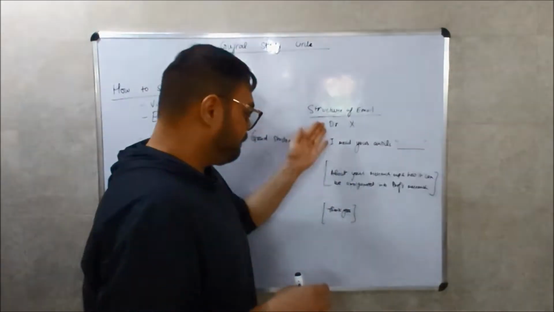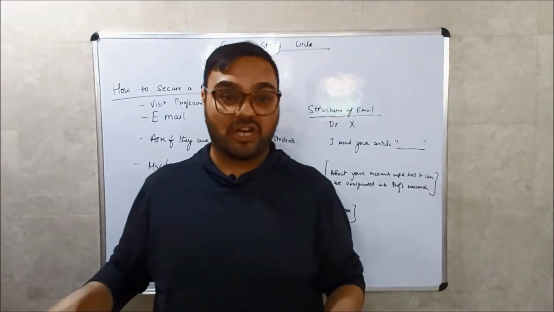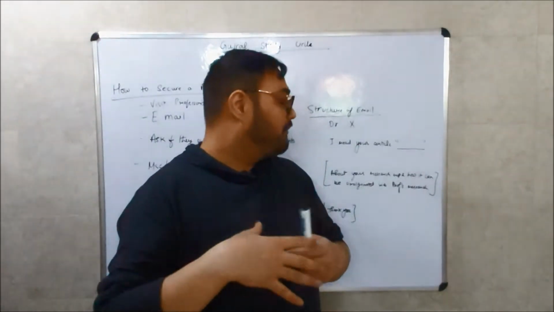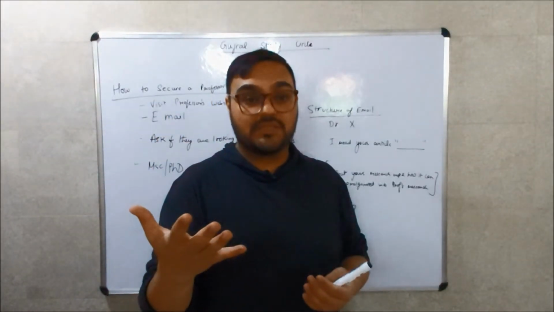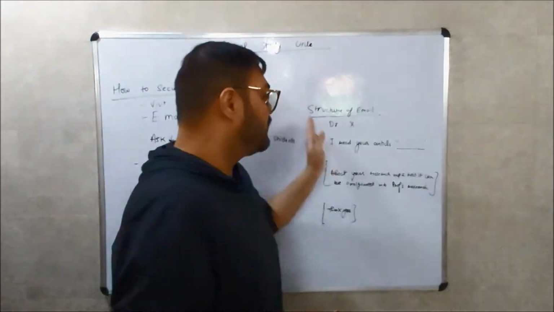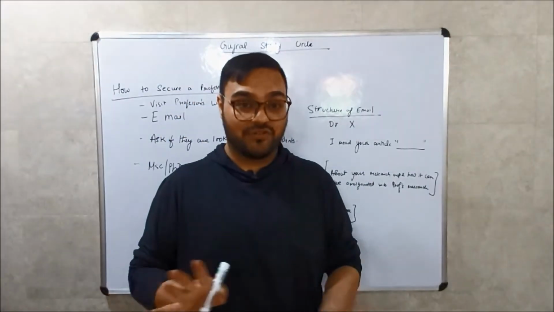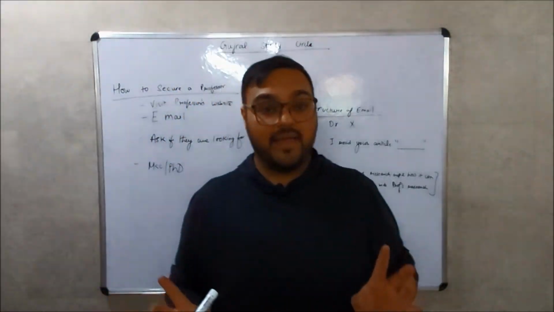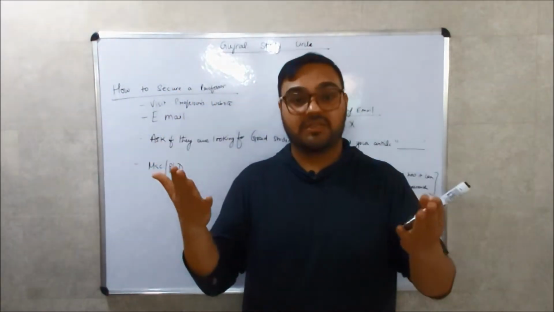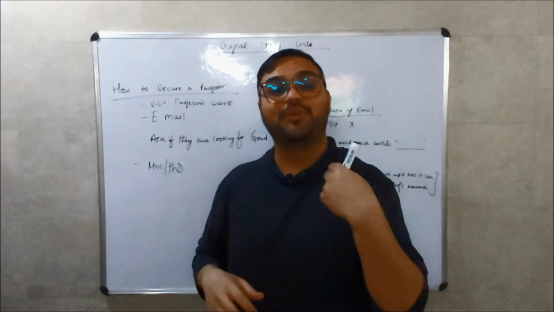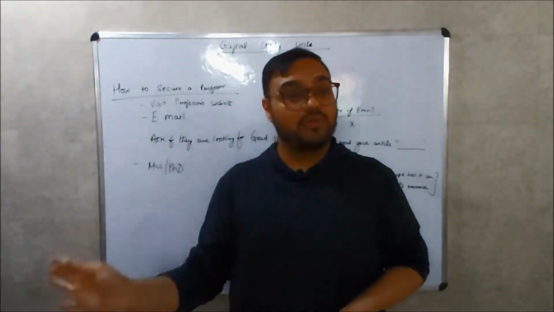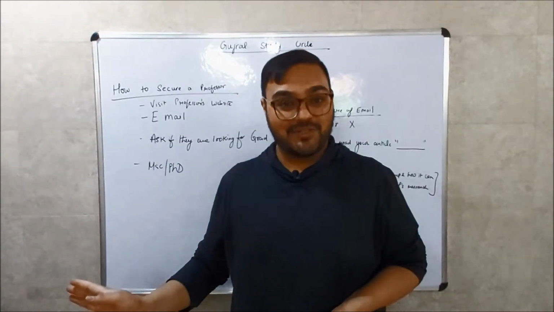Okay? So this is a simple email structure which you have to follow, right? I'll give you more pointers in future videos, but for now this is the structure of the email which you can follow. Okay? And if you get, say for example, you are blessed and you get a response right away in like 2 or 3 days, you're good to go for the graduate application.